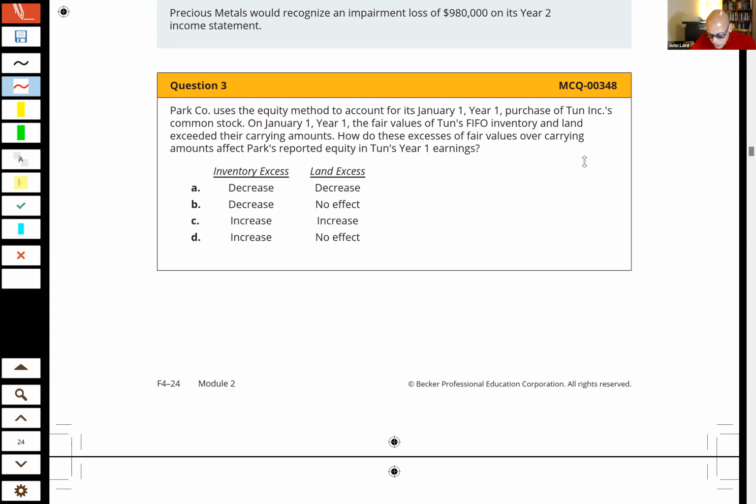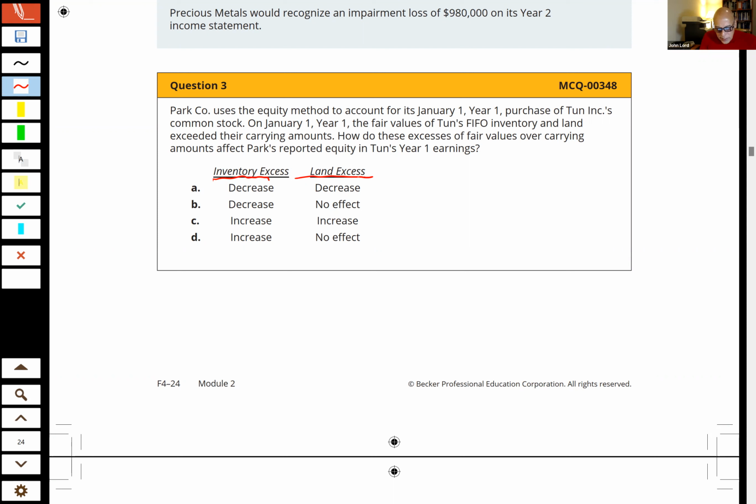Now I'm going to stop sharing and go through this one with you. When you look at this one, they tell us that there is an excess for the inventory and an excess for the land, and they want to see what will be the effect on the share of earnings that the investor will put from the investee's income.